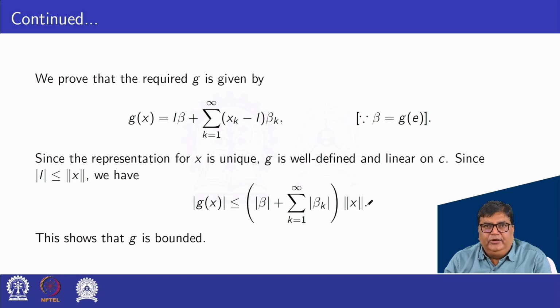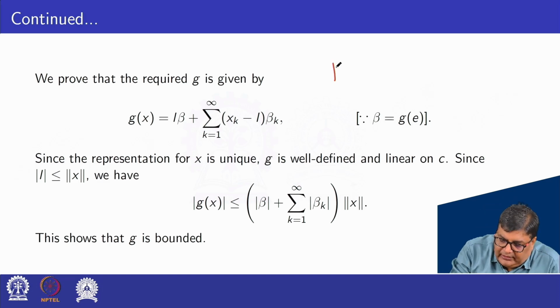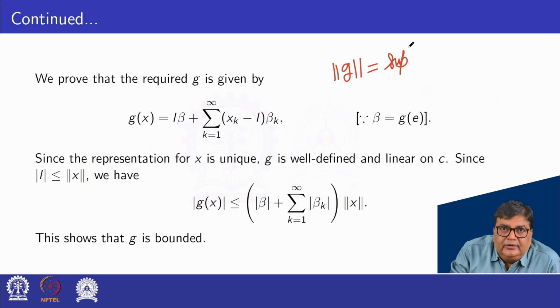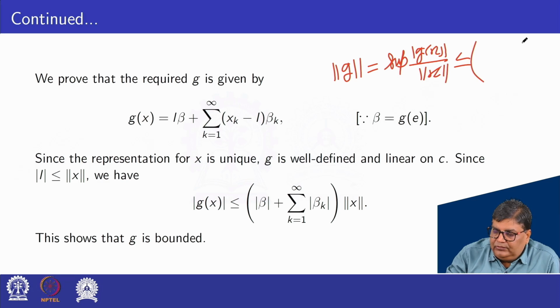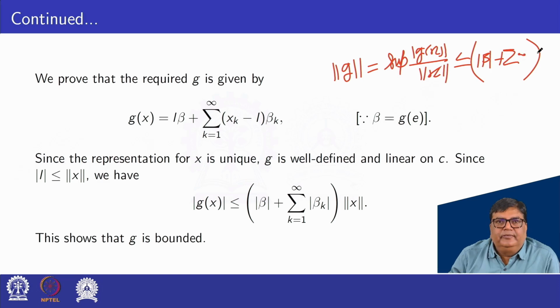If we divide this expression both sides by norm x, we get norm g, supremum of mod g(x) upon norm x, and this is less or equal to mod of beta plus summation, and that is a constant. So norm of g is less or equal to some positive constant, that is, g is bounded.